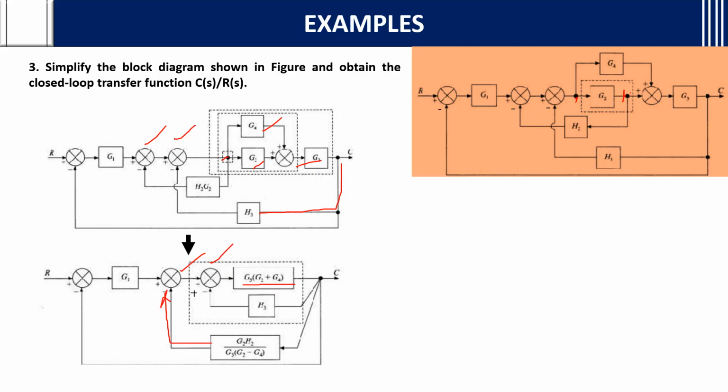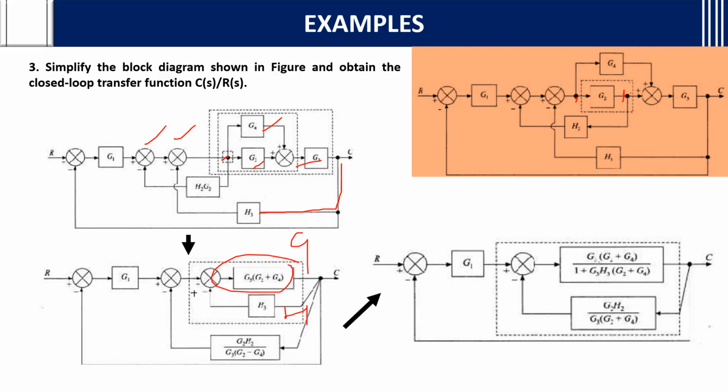So again, this whole thing will become what? Transfer function kind formula. It is like closed loop. You can do G by 1 plus GH. If you consider this as whole G and this as H, what you will get? G2, G3 plus G4 by 1 plus, you will get G2 plus G4 into G3 into H3.